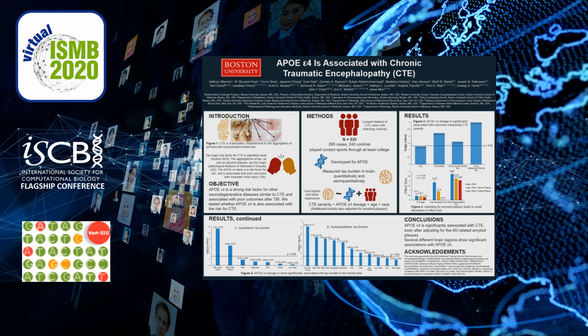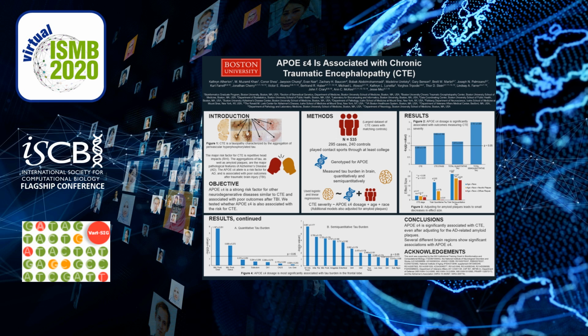The results of the models predicting outcomes from the entire brain that only adjusted for APOE E4 dosage, age, and race are shown in Figure 2. As you can see, the model predicting CTE diagnosis was not significant, but the models predicting CTE severity via CTE stage, the total sum of quantitative tau measurements, and the total sum of semi-quantitative tau measurements did show a significant relationship with APOE E4.